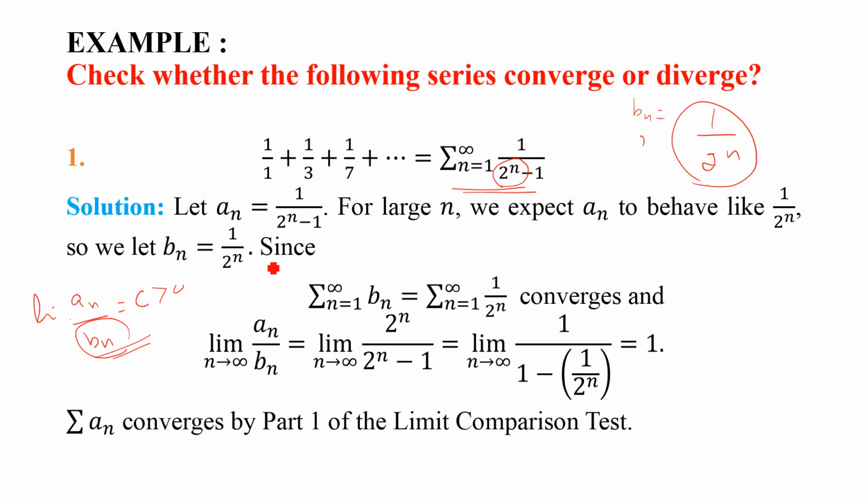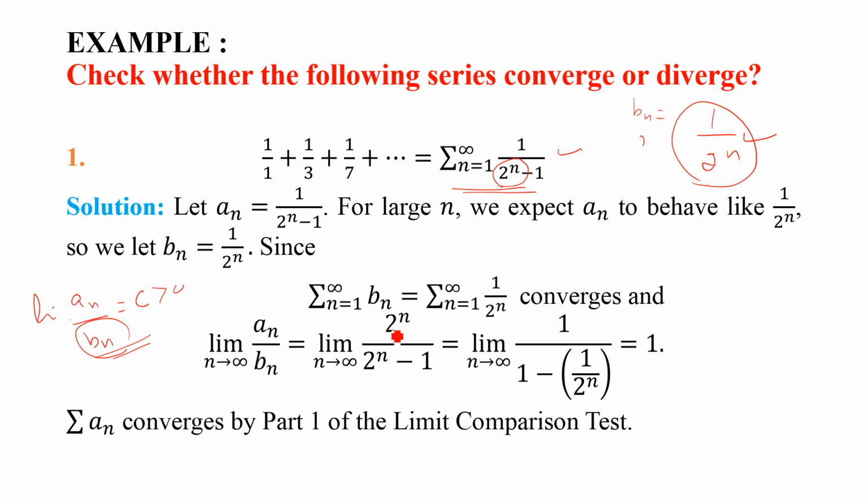So let's see. Let's take the limit of an over bn. An is this given series, and bn is this assumed known series, which is known to be convergent.